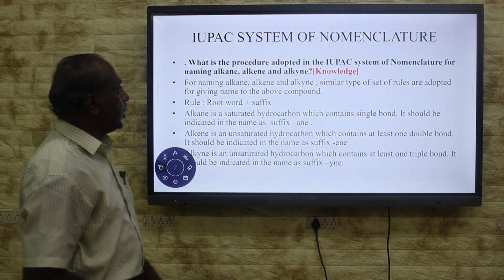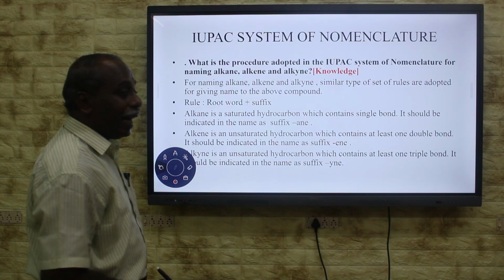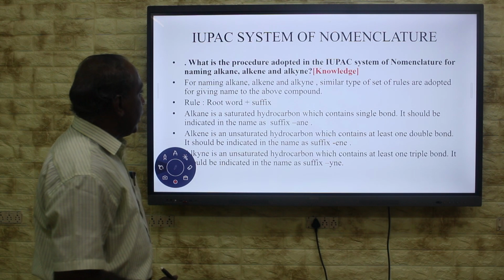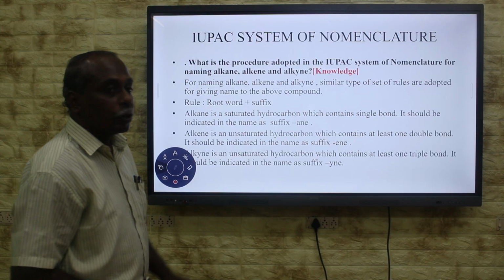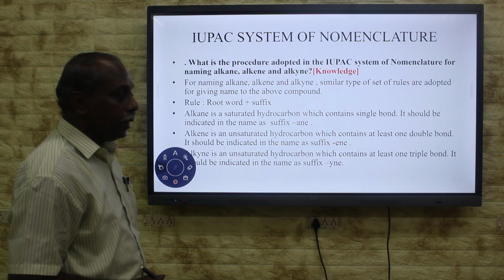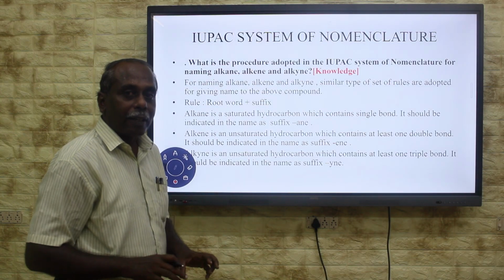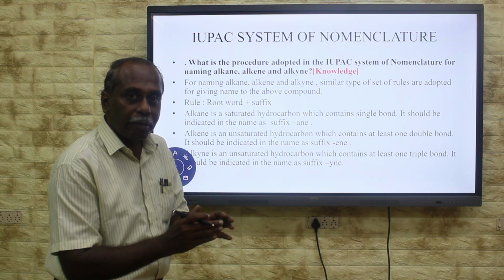Then what is the procedure adopted in the IUPAC system of nomenclature for naming alkane, alkene, alkyne? Here, for naming alkane, alkene, alkyne, a similar set of rules is adopted. One simple logic is used. The root word indicates the number of carbon atoms in the chain.